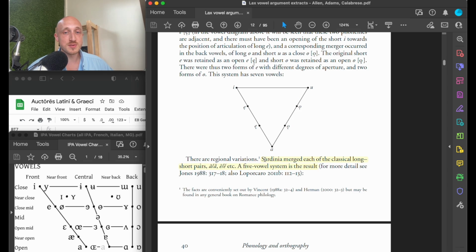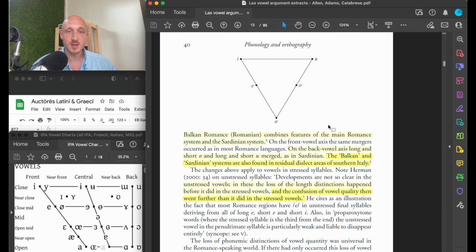But there are regional variations in Romance. Sardinia merged each of the classical long-short pairs. A 5-vowel system is the result, not 7, like say Italian has. Balkan Romance, so Romanian, also Aromanian, combines features of the main Romance system and the Sardinian system.